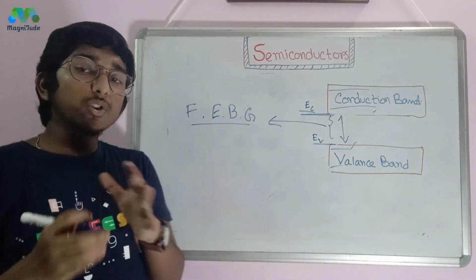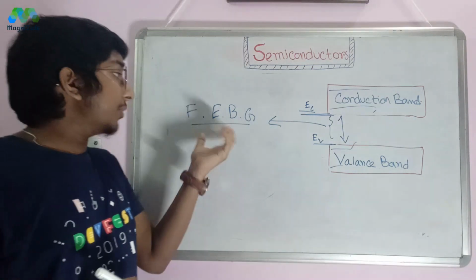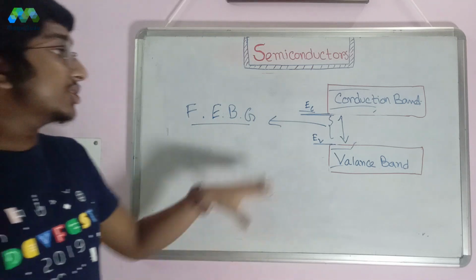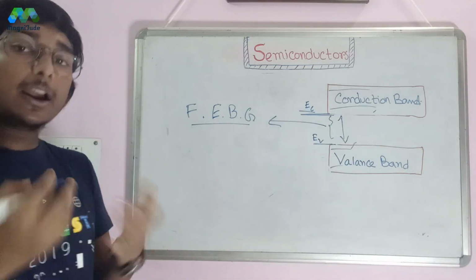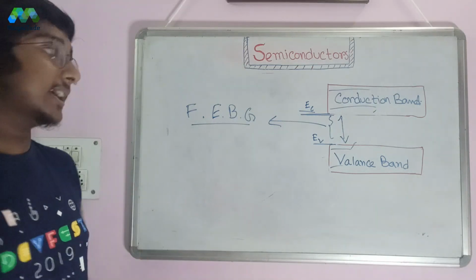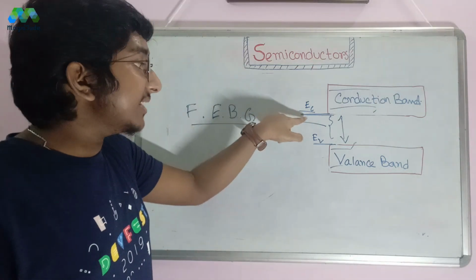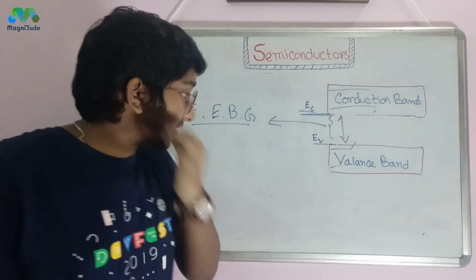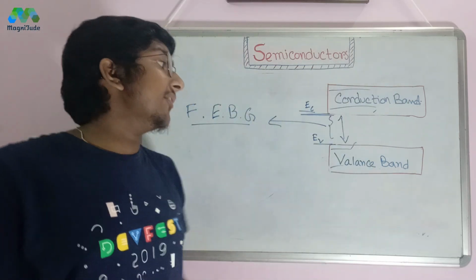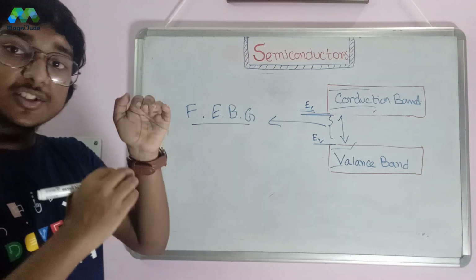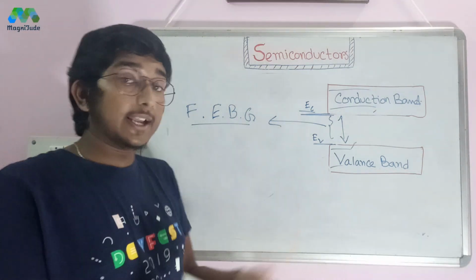Many books say that the forbidden energy band gap is the gap between the valence band and conduction band. Although it is correct, I prefer that you say the minimum of EC, the energy level of the conduction band, and the maximum of EV, the energy level of the valence band. The difference between these two is known as the forbidden energy band gap.